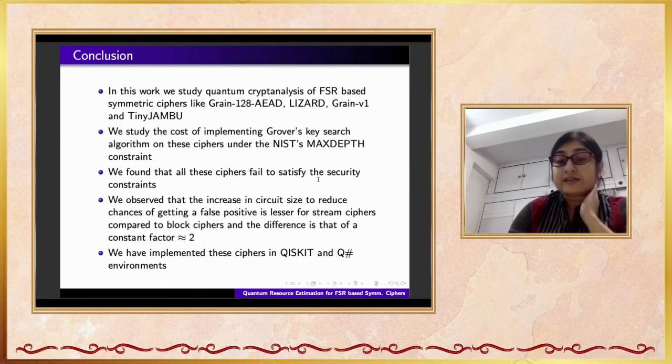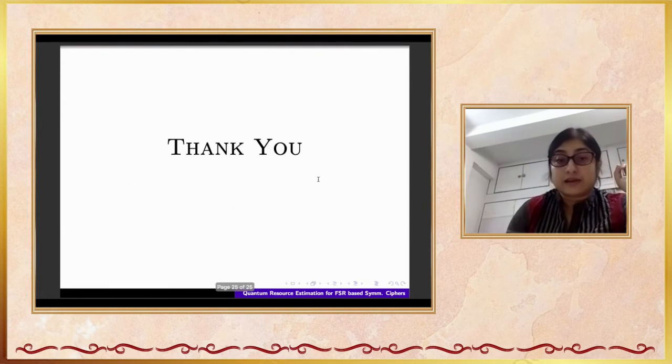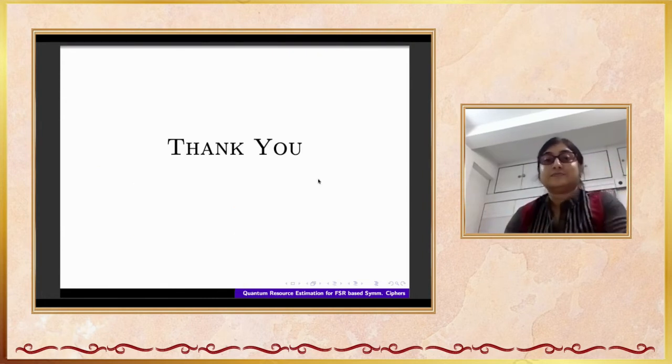We observed that the increase in circuit size to reduce the chances of getting a false positive is less. Another contribution is that we have implemented these ciphers in the Qiskit and QHash environment, and all those codes are given in our paper. So thank you.